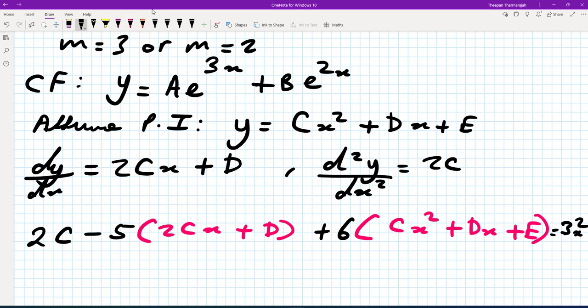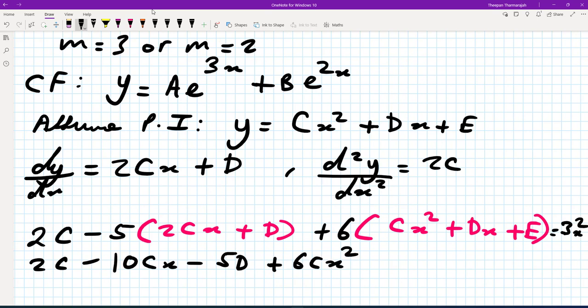So expanding everything out, we get 2c minus 10cx minus 5d plus 6cx squared plus 6dx plus 6e.